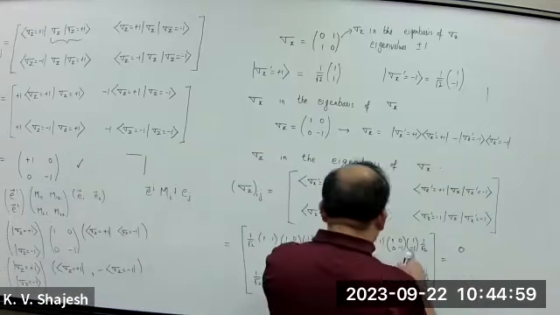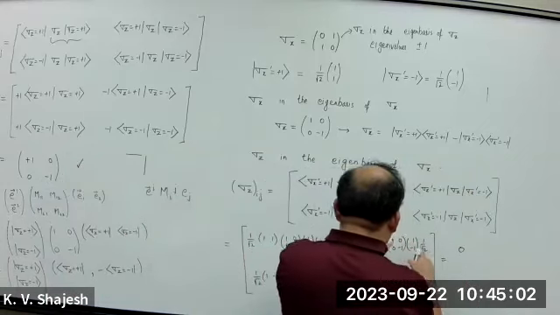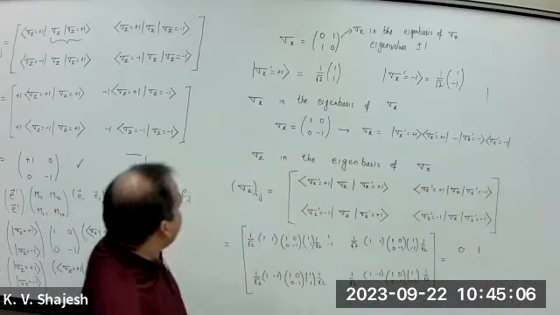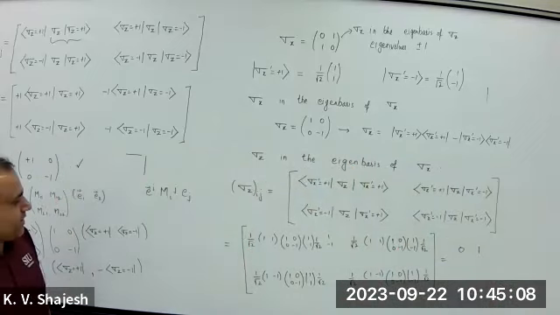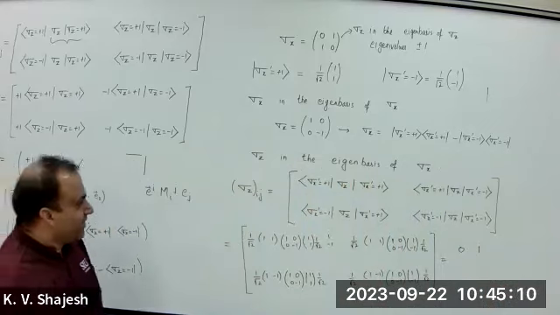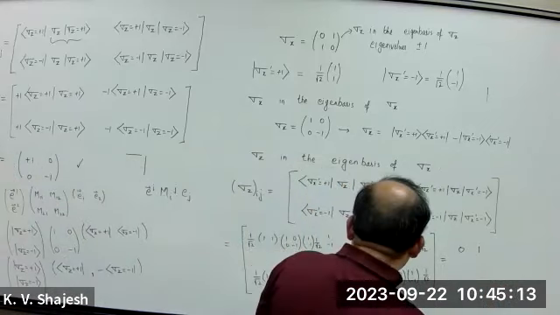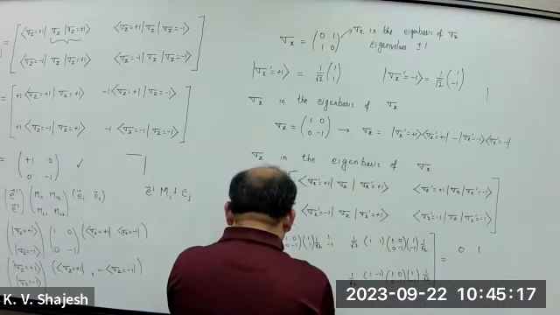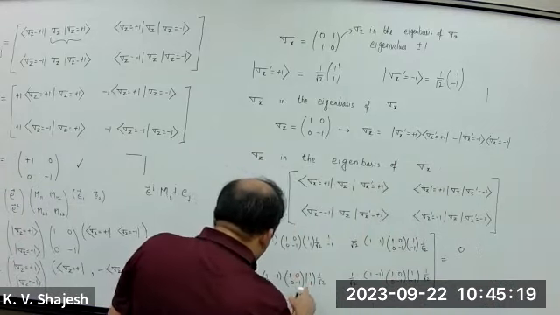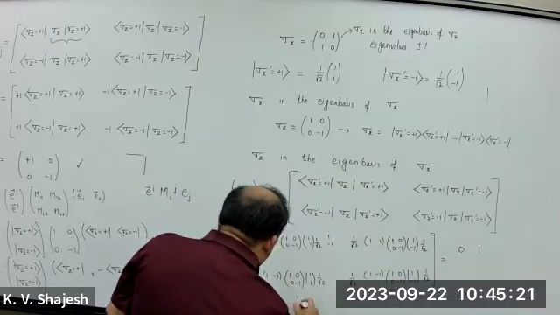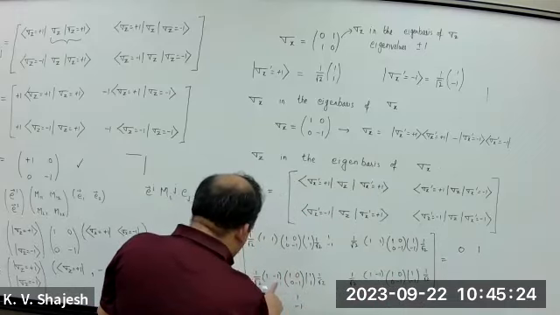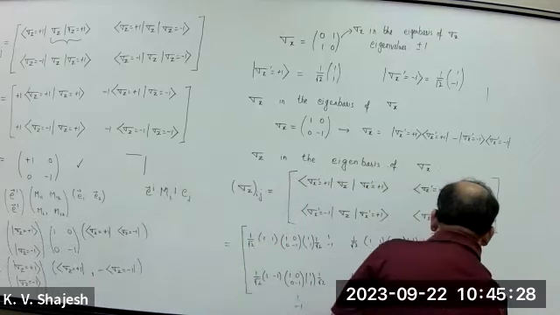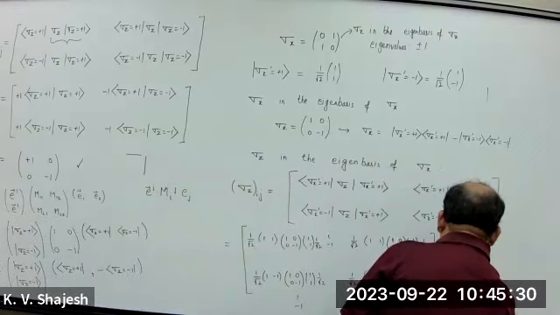Second one is 1. There's no i, right? Sure, that's 1. Then this also could be 1. That's 1. Then -1. 1, 2, right? 2 divided by 2, that's 1. That's -1.